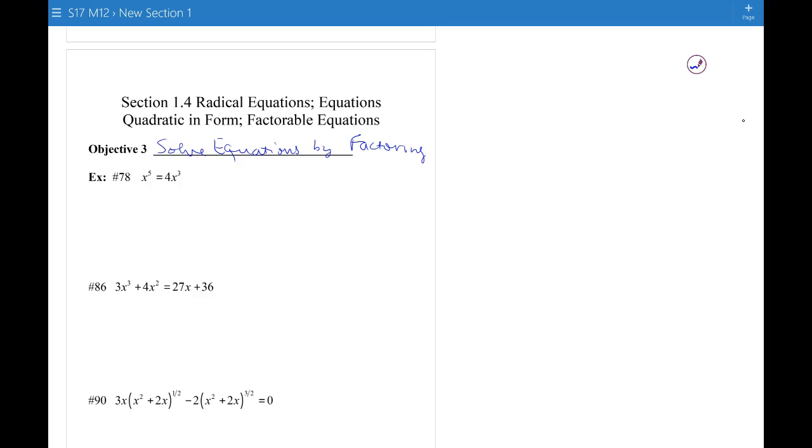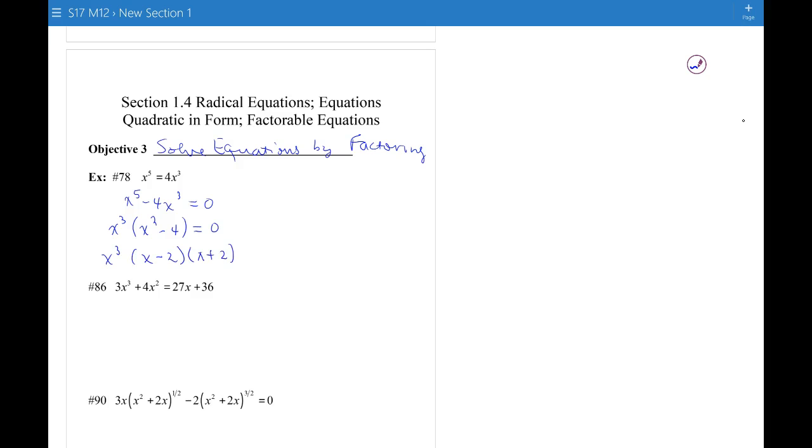Remember we talked about, well, if you have an x in a denominator, it might be a 0, and then you'd be dividing by 0. So the safe way to solve this equation would be by getting everything on one side and 0 on the other side and factoring out the greatest common factor of x cubed. But then you should keep factoring because I see a difference of squares here.